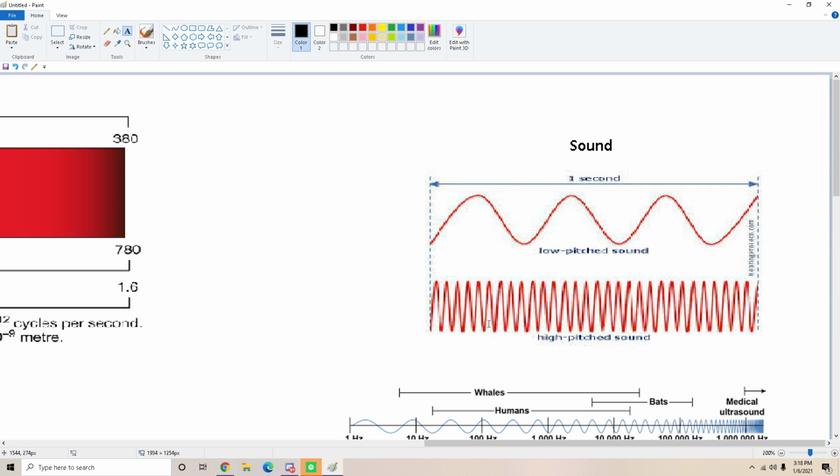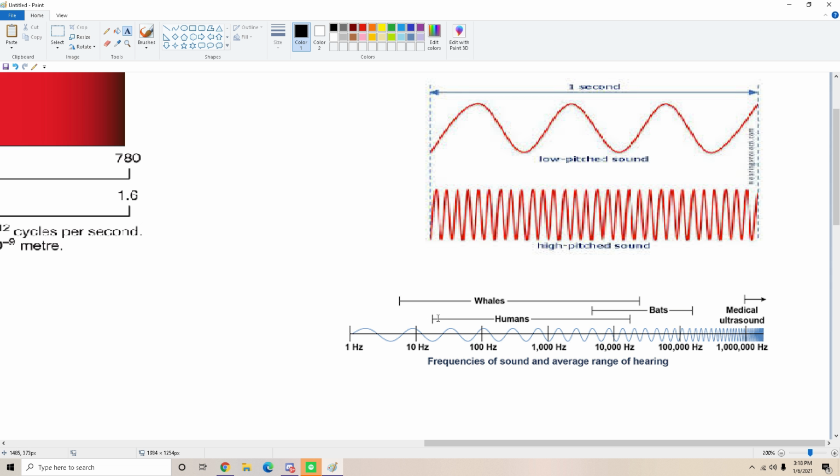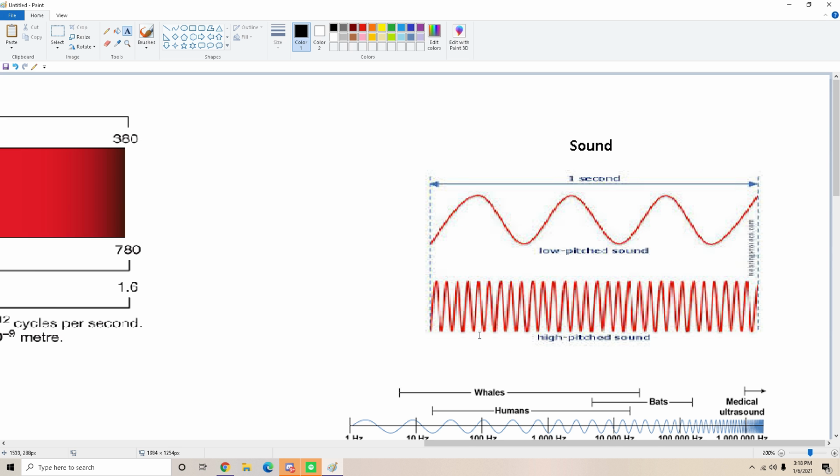This is the range of hertz that humans can hear, compared to whales, bats, and others. Bats can clearly hear the highest hertz of sound, so they hear almost high pitch all the time, while humans can hear low pitch and high pitch. So that's basically hertz for sound.